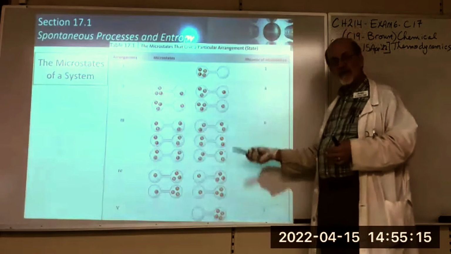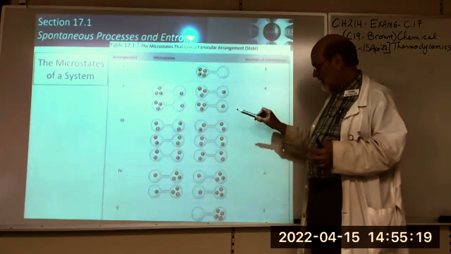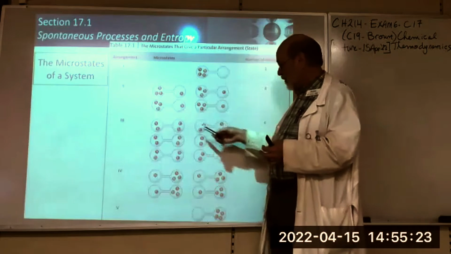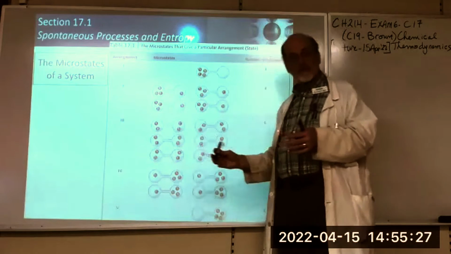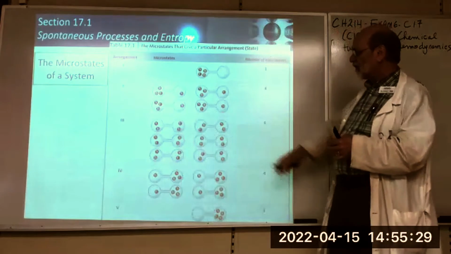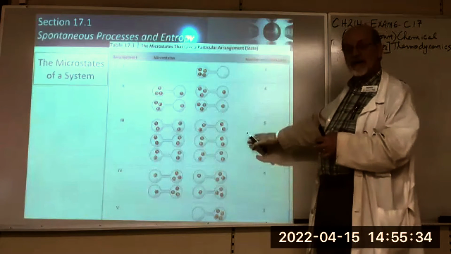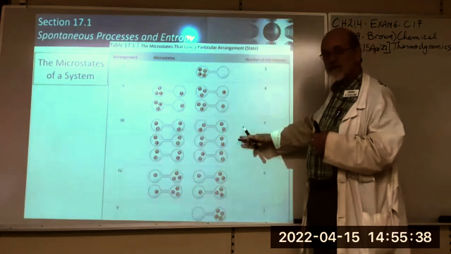You have more possible microstates in this situation than you do the others. This is the way it's going to go, where you have, with equal size and equal numbers of molecules, 2 on the one side and 2 on the other. So this is the most probable one. Delta S would be greatest for this one.